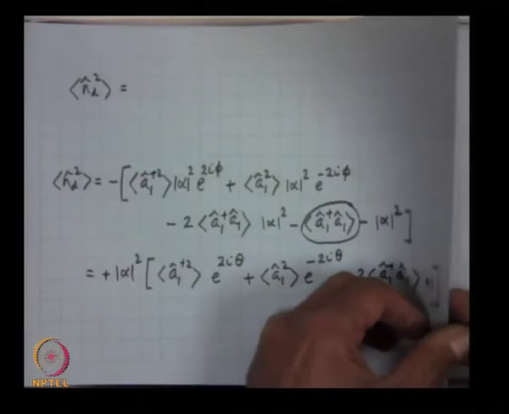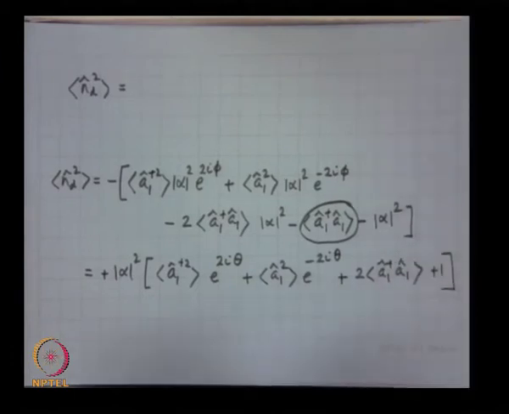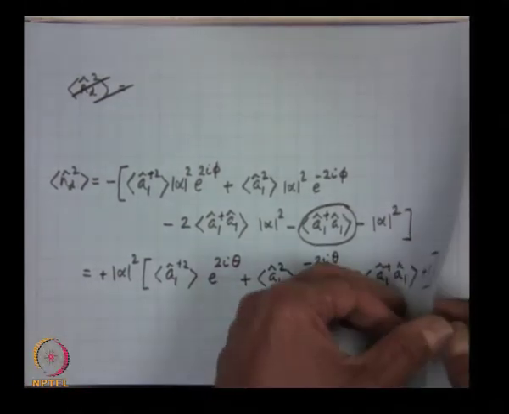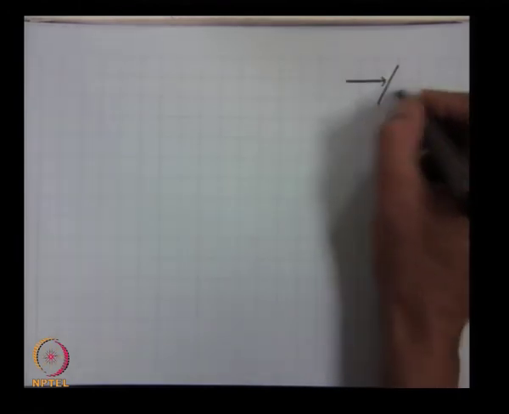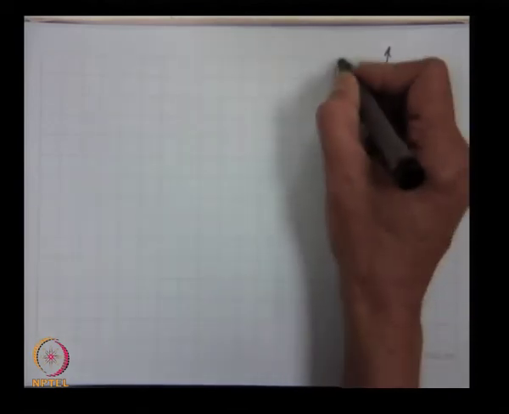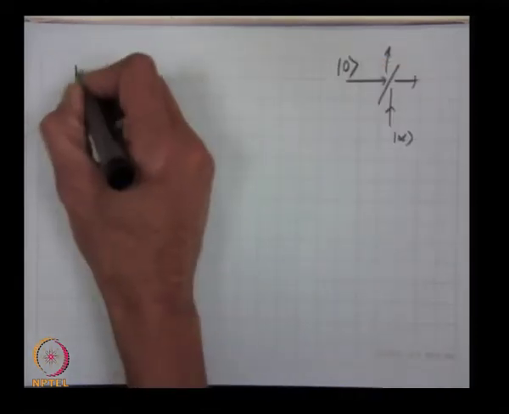So the first example I want to consider is that in arm 1 I don't put anything. I don't have any incident wave in arm 1. So what do I represent psi as? Here is alpha coming. So what is the input state here? Vacuum state.